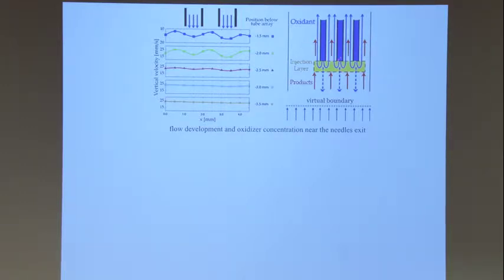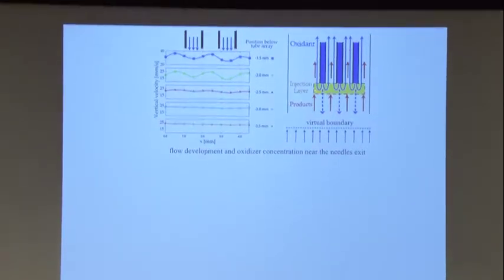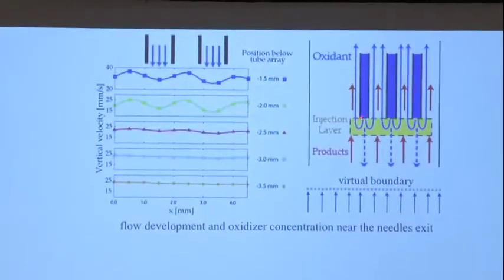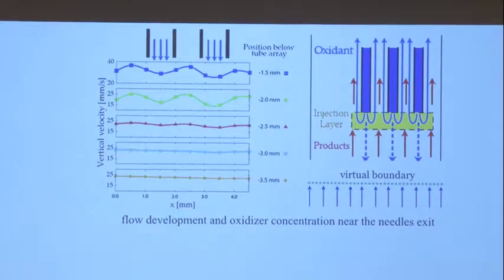Well, you see the flow coming out of the needle, but there is a uniform flow coming from the bottom, which is stronger in magnitude, and so eventually turned back and leaves in the region in between, such that at a short distance of a diameter size of this needle, the concentration is almost uniform and the flow is uniform.